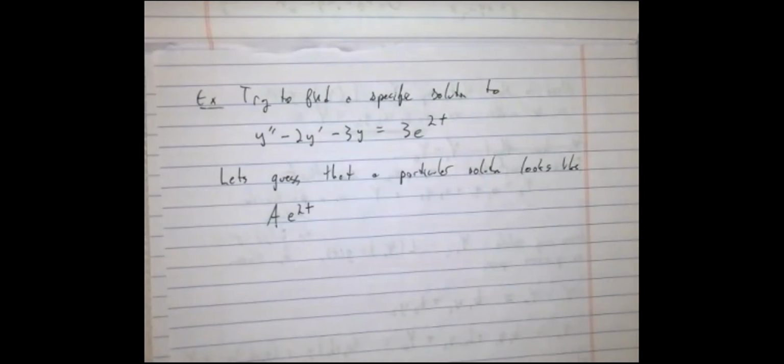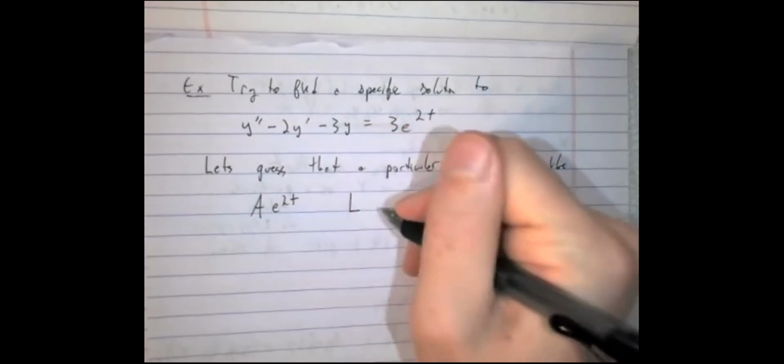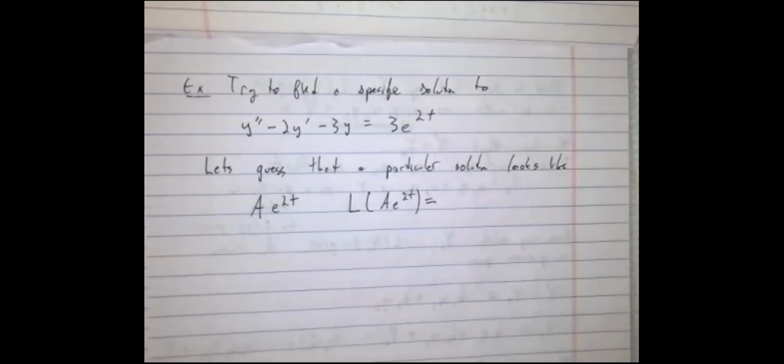But it turns out that this is going to work. So why don't you figure out what happens if we plug this into this equation as an exercise? It's quite easy. In other words, I'm asking for L of a e to the 2t is equal to what?